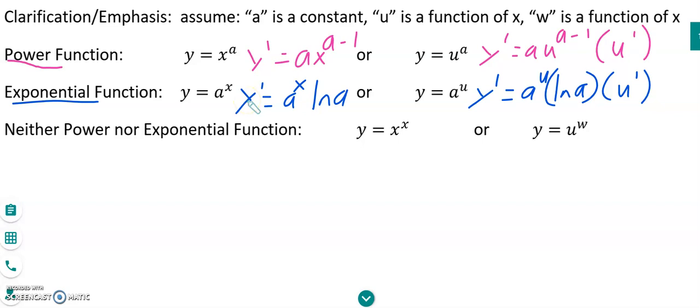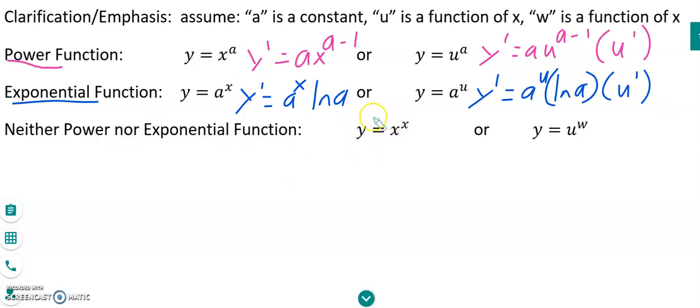That's what we mean by logarithmic differentiation. If we understand the derivative of exponential functions and we recognize when we have an exponential function, we do not have to continue to do that if we know what the derivative is. But if we don't remember the derivative of an exponential function, you can always do logarithmic differentiation. You could even do it with a power function. I wouldn't recommend it because it's way more work than you need, but it can be done.